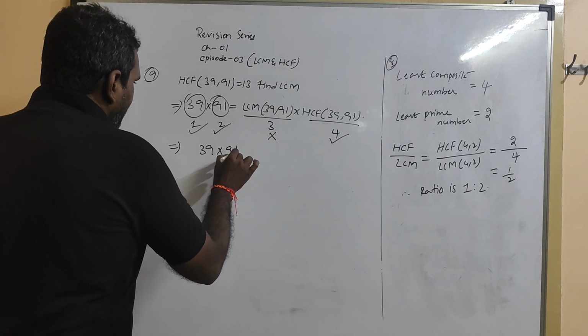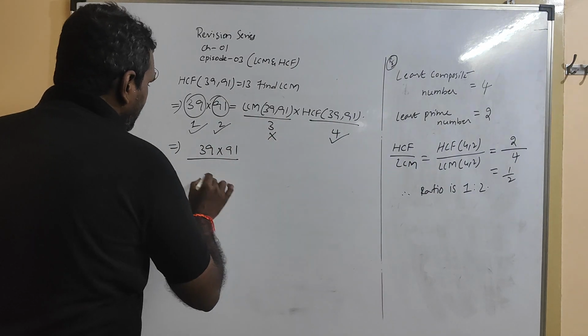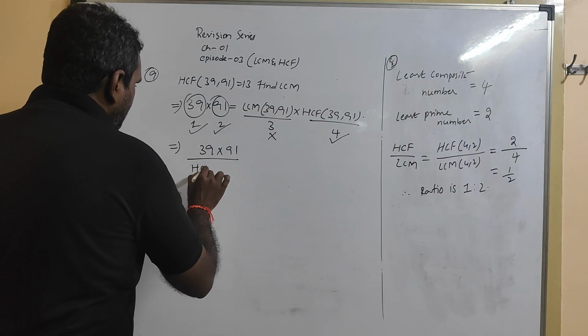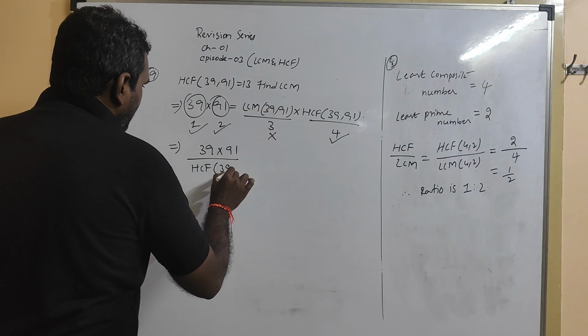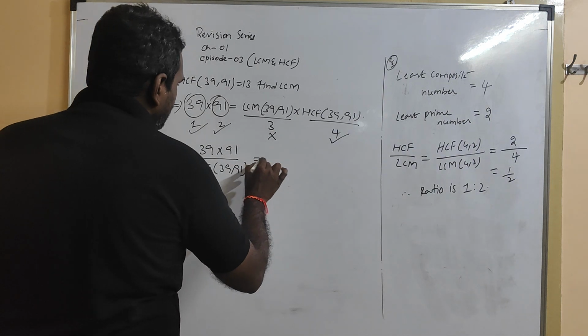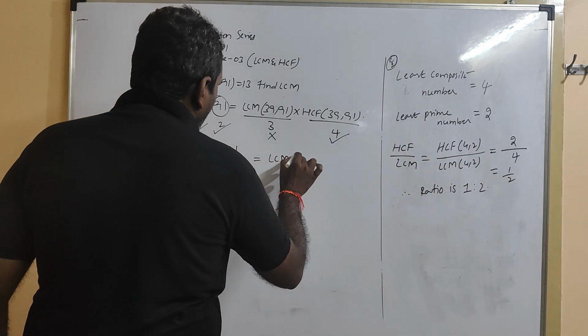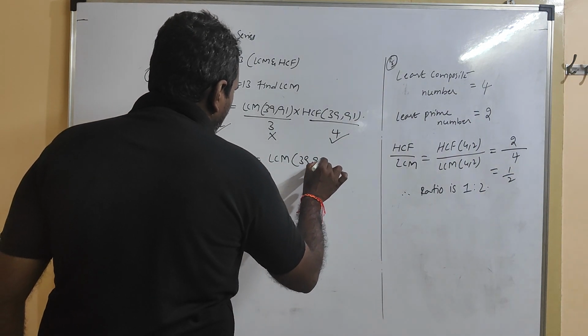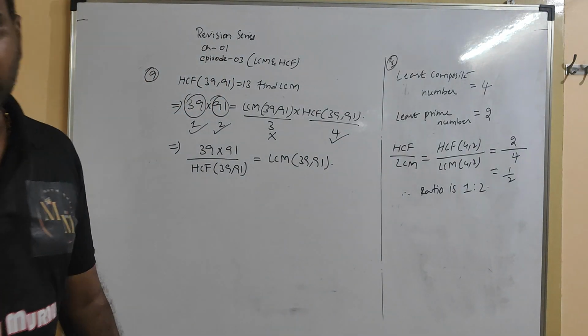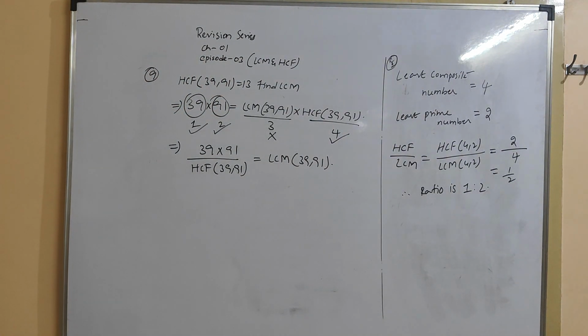How to find the third one? 39 into 91, you bring this side. What you have to find has to be on one side, and the three values you have on the other side.